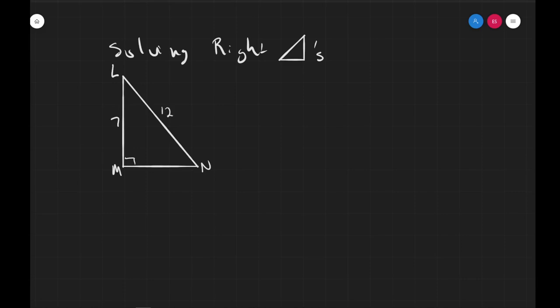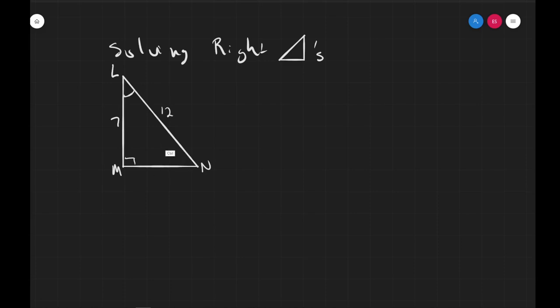Up until now, we've been using trigonometry to find this angle here, or this angle here, or we could use trigonometry and/or the Pythagorean theorem to find this side here. We've been finding these three things.